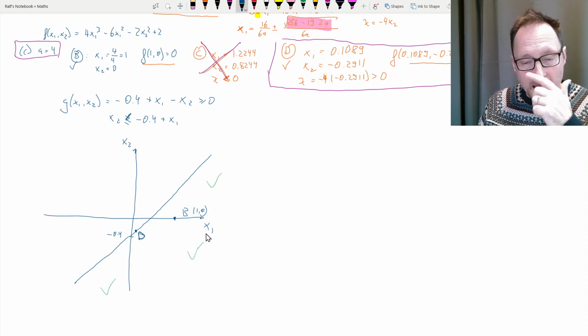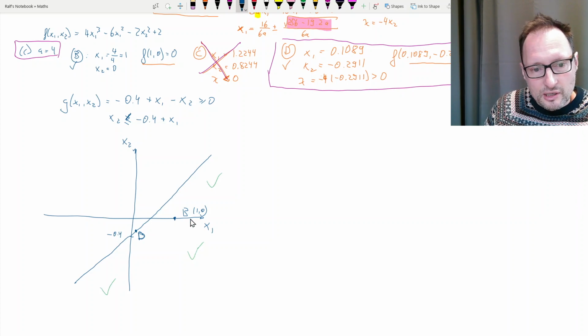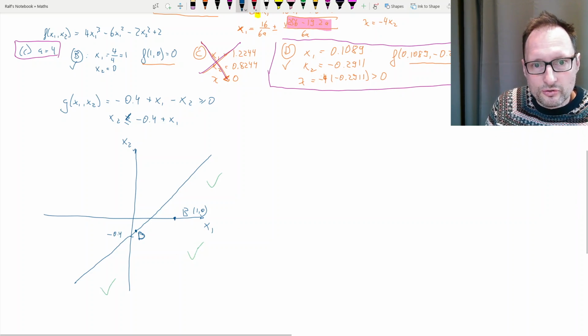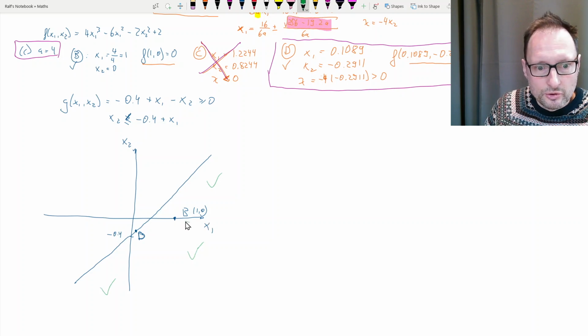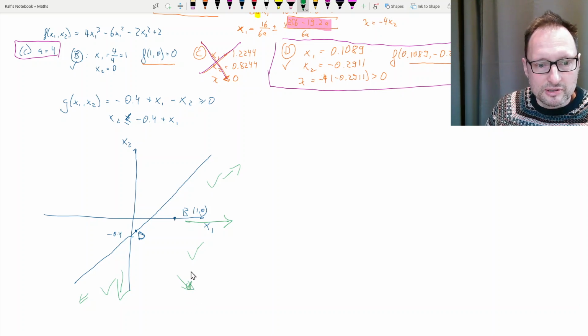So now we know that the function value at point D is larger than the function value at point B. What we now need to figure out is, you see the function can move into all sorts of directions here. It can move into this direction, can move into this direction, down here and down here. So we need to, and of course up here, we need to establish how the function behaves into these directions.